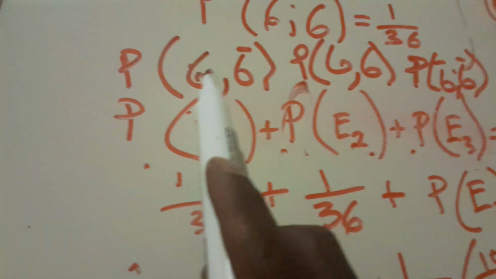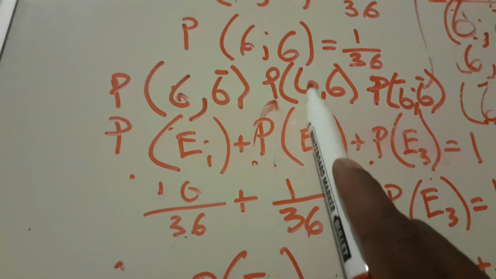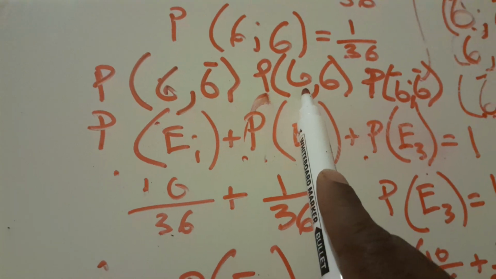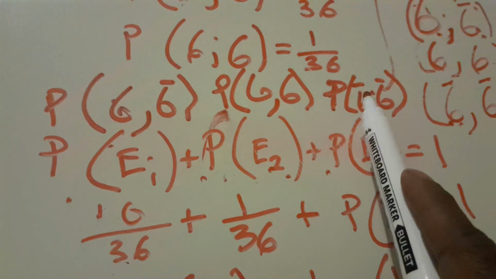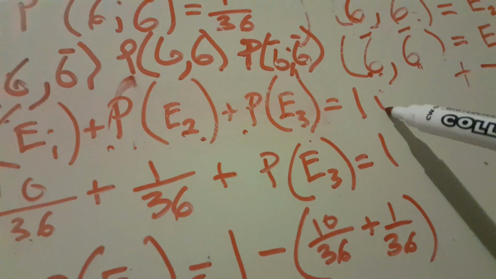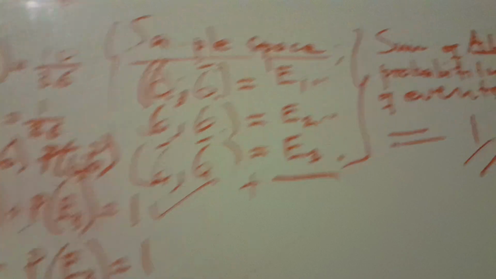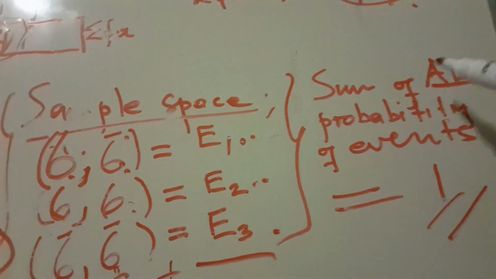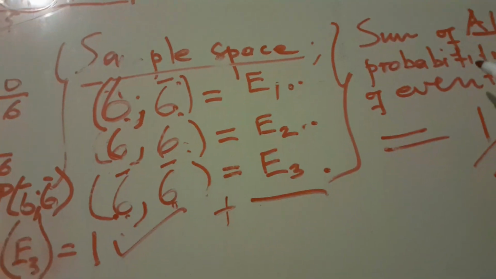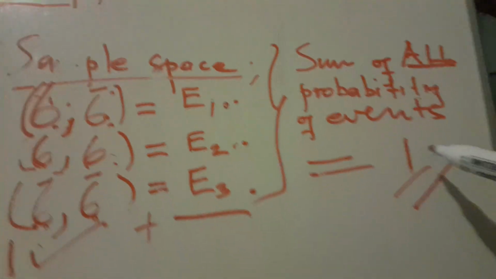So when I add the probability of getting a 6 and not a 6, plus a 6 and a 6, plus not a 6 and not a 6, I should get 1. Why? Because the rule is that the sum of all the probabilities of the events in the sample space is equal to 1.